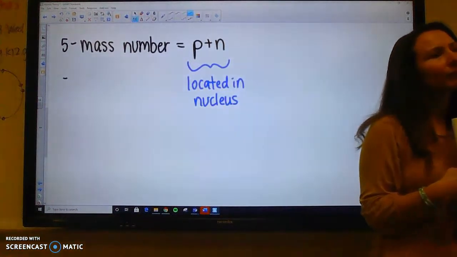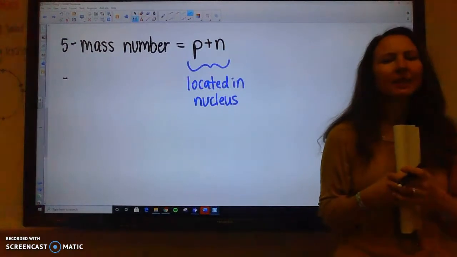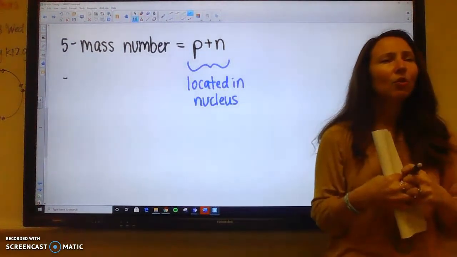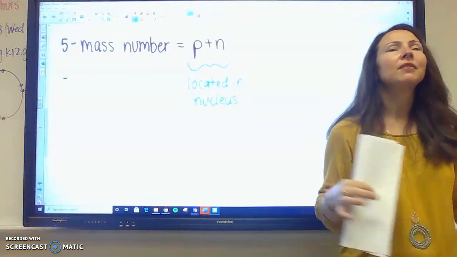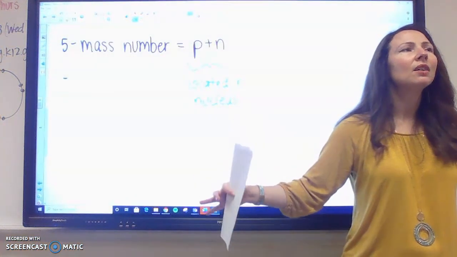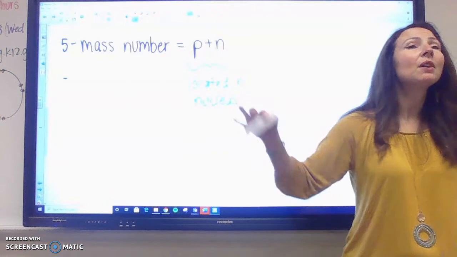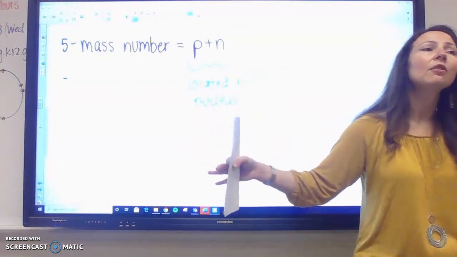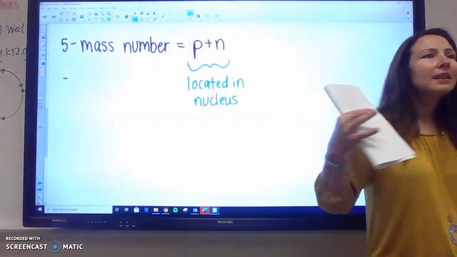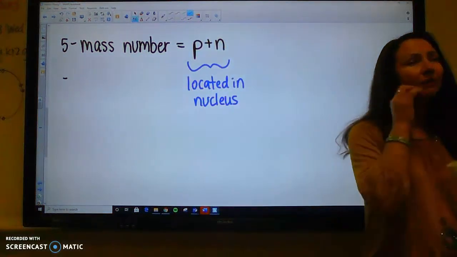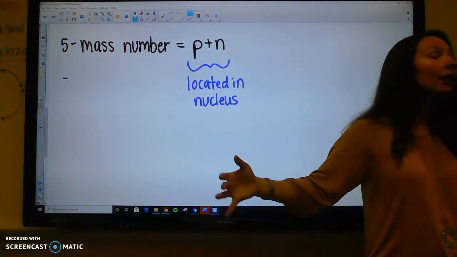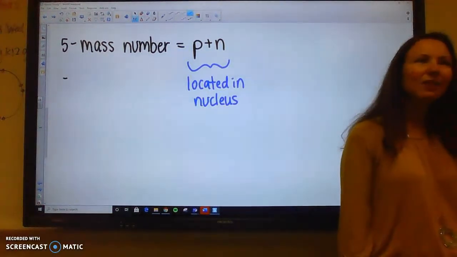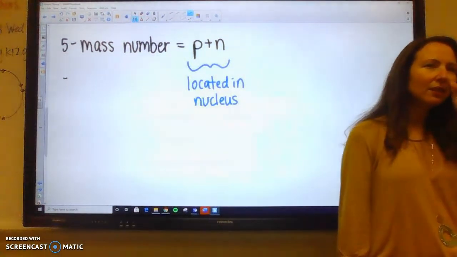And the interesting thing about that is, with them being so crammed together, you've got a lot in that little space. If the atom was the size of a football field from end zone to end zone, so 100 yards, guess how tiny that nucleus would be, everything that's in there.